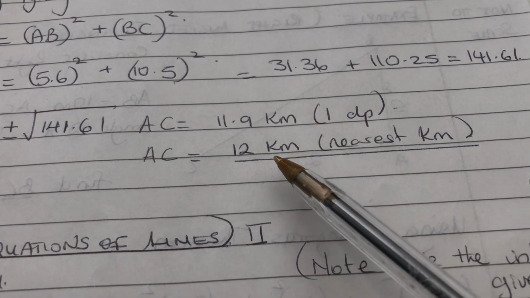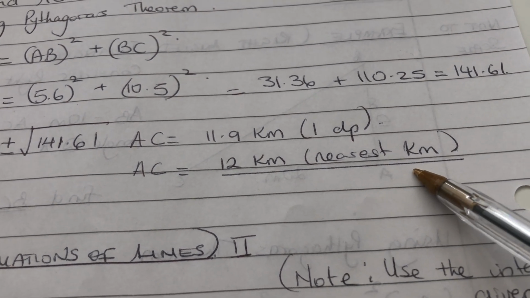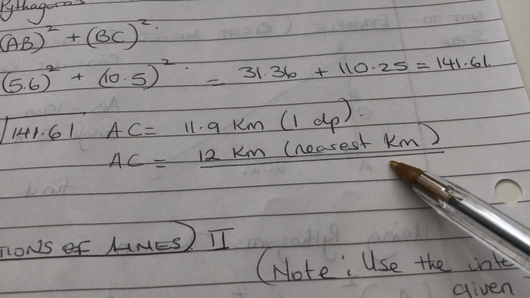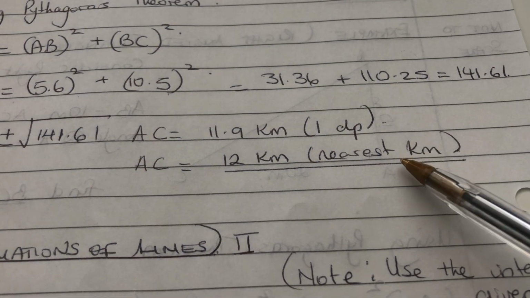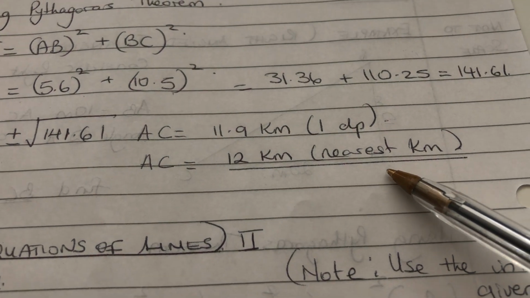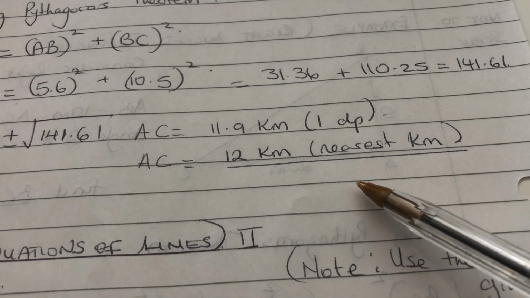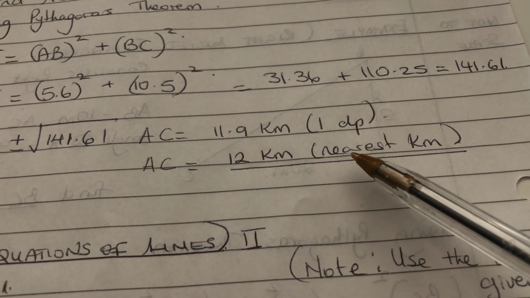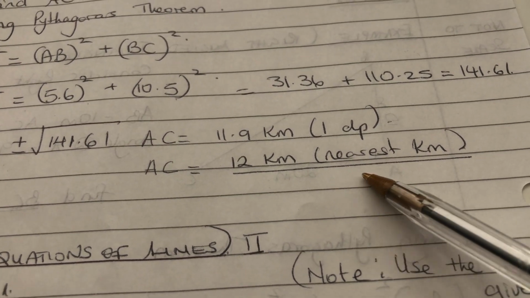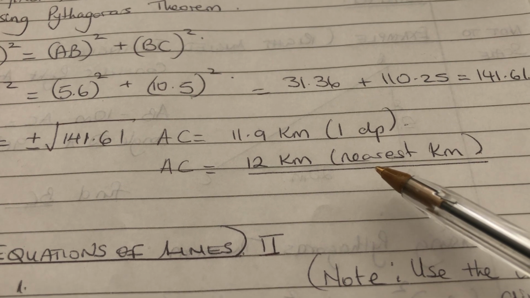And then the nearest kilometer will be 12 kilometers. So if you've not been restricted, this answer or that answer is right. Again, don't give two answers. You don't have that time in the exam room. Spare that time to solve more challenging questions.